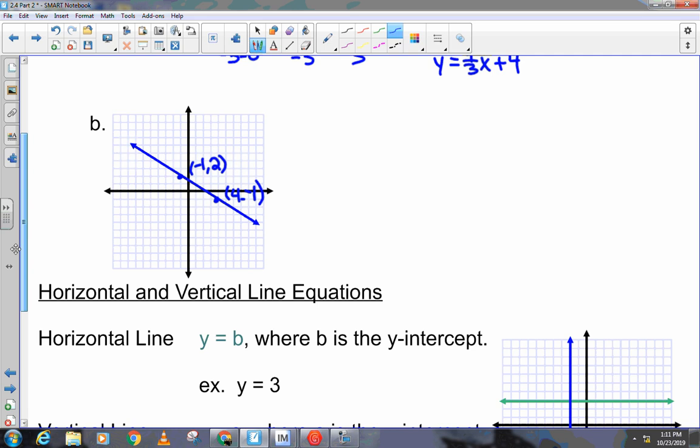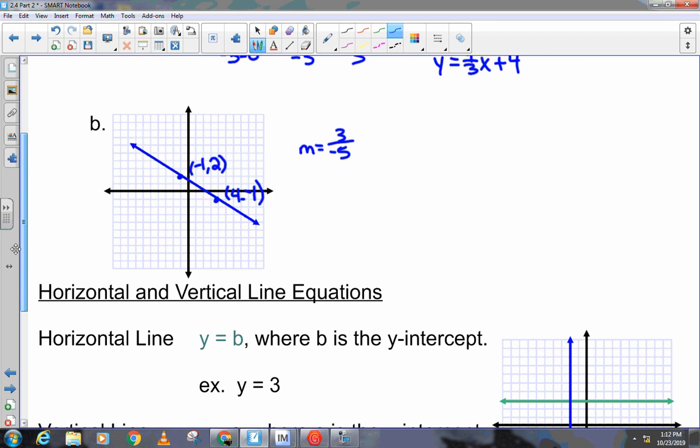Now, I need my slope, and I could count it since it is already graphed. Rise 1, 2, 3, run 1, 2, 3, 4, 5. So rise a +3 and run a -5, right? So that's -3/5. Then I have to pick a point.